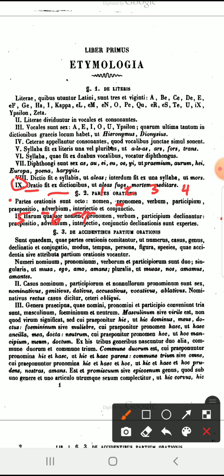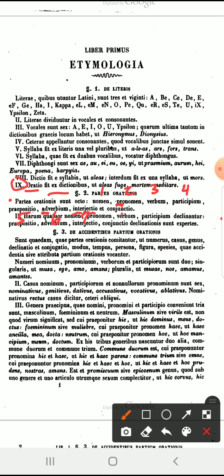Interjectio is a word thrown into speech in order to express an emotion. An interjection is a word that expresses emotion, like wow or hey. Those are interjections, the 7th of the 8 parts of speech.